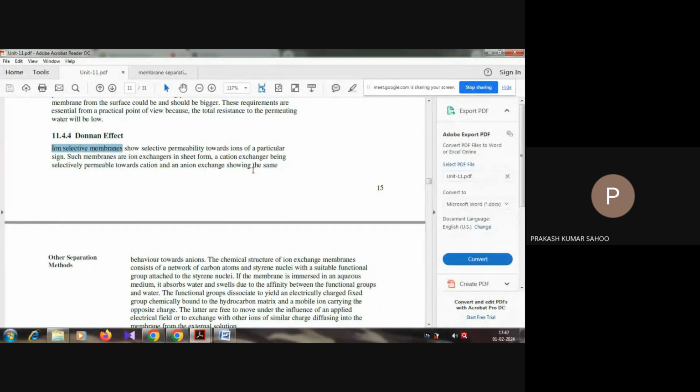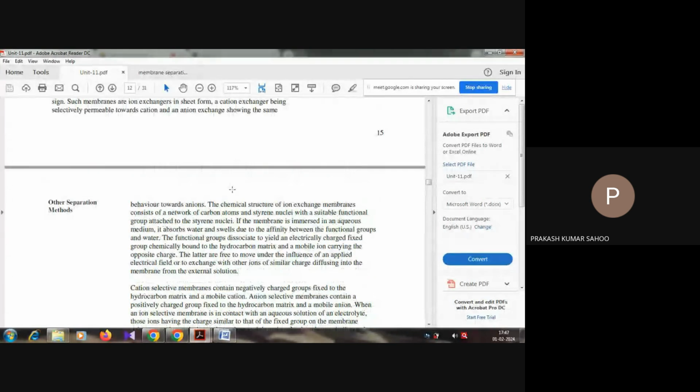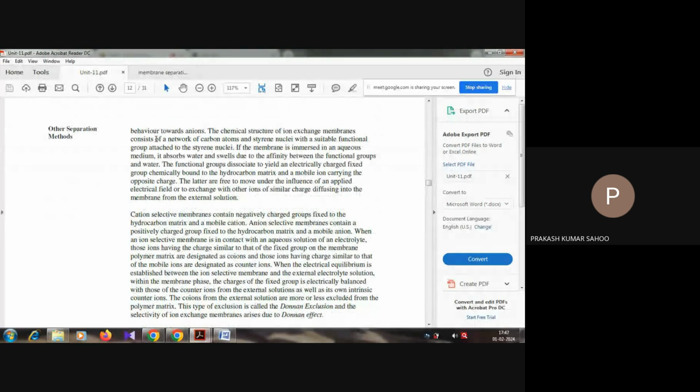This is an industrial phenomenon where demineralized water is generally used for various industrial activities. So in that sector, ion selective membranes are very big. Cation exchangers and anion exchangers are used to demineralize the water for different purposes. So both cation and anion behaviors are there.